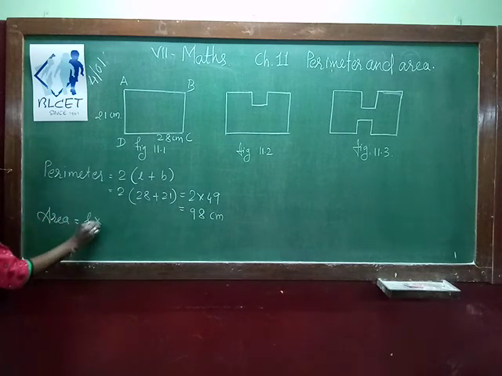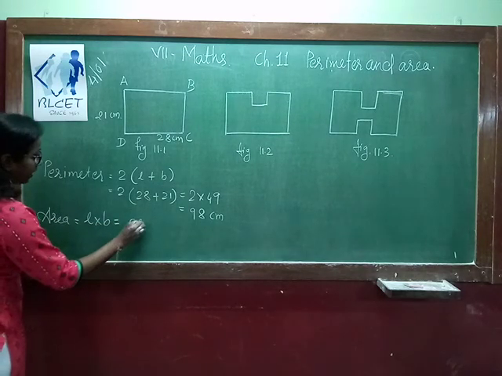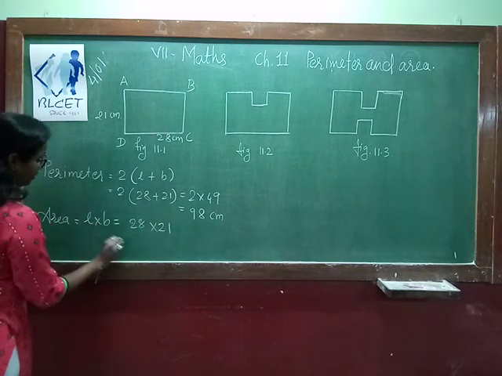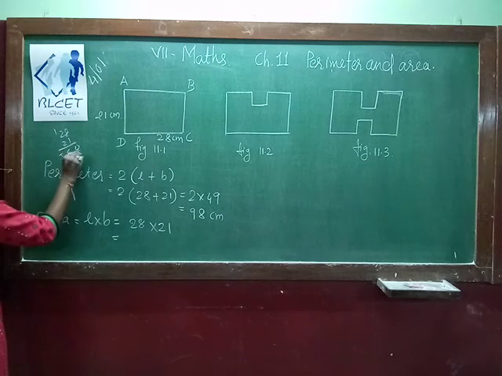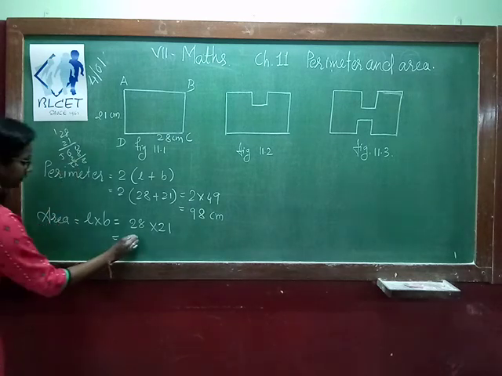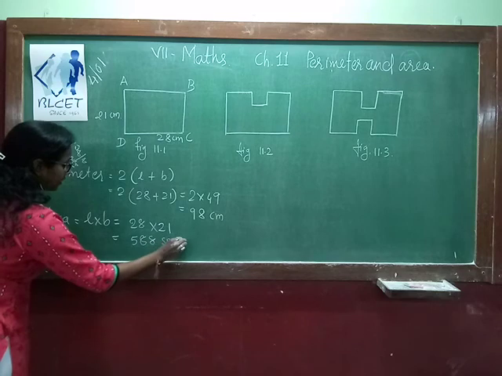Area is equal to L into B, which is equal to 28 into 21. Do the multiplication. It is 588 square centimeter.